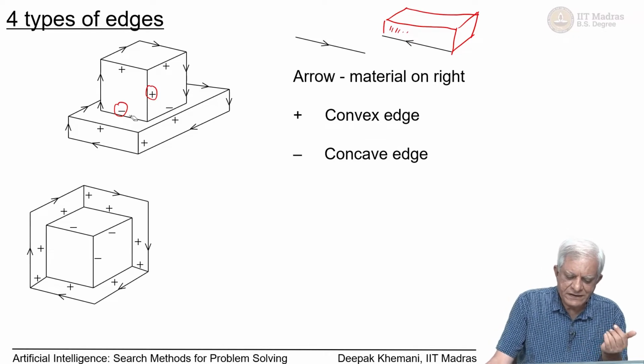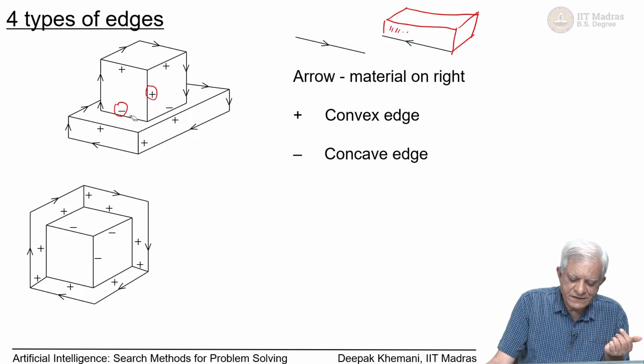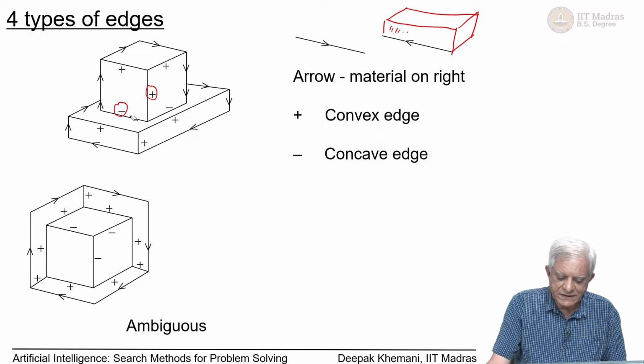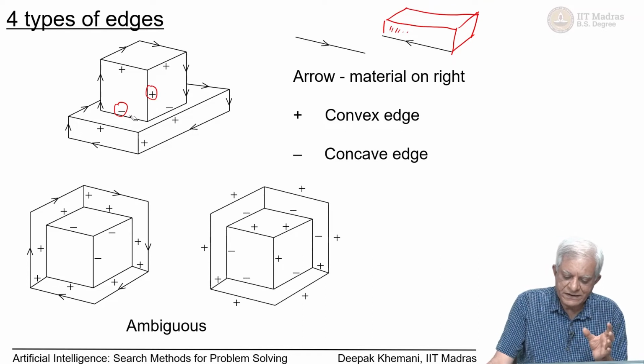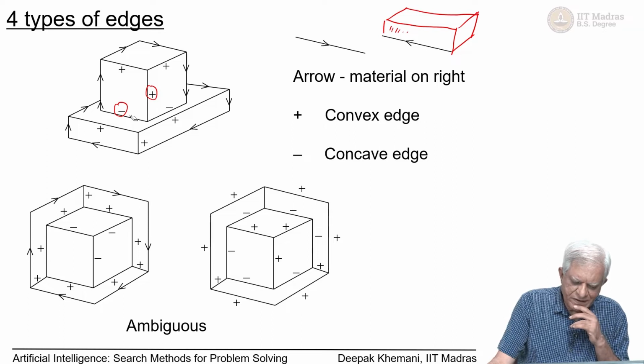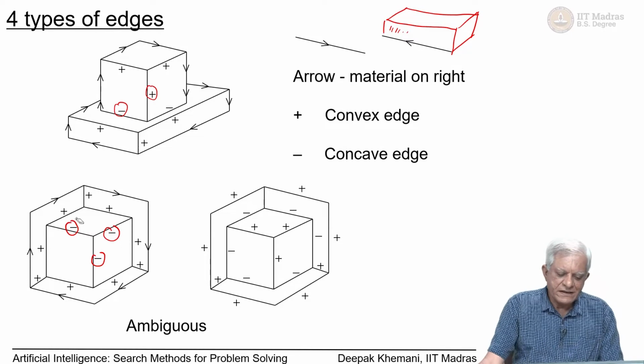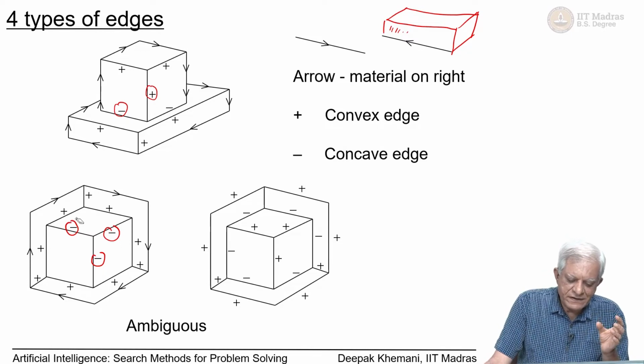Here is another diagram which may have more than one interpretation and it is ambiguous, and these are the 2 interpretations. So, if you look at it carefully and try to understand what is happening, the fact that these 3 edges are concave means that you are looking at a hollow part of a figure.